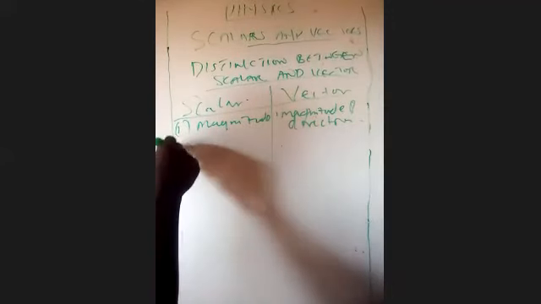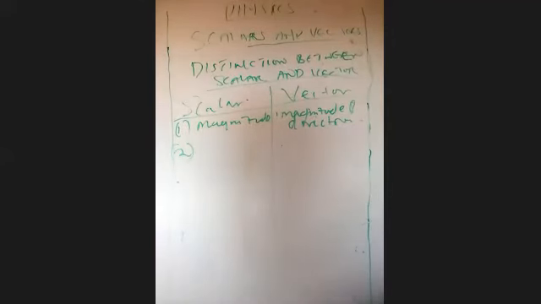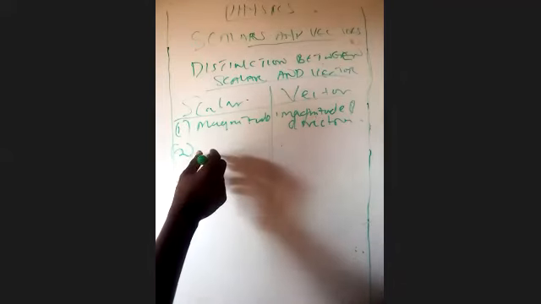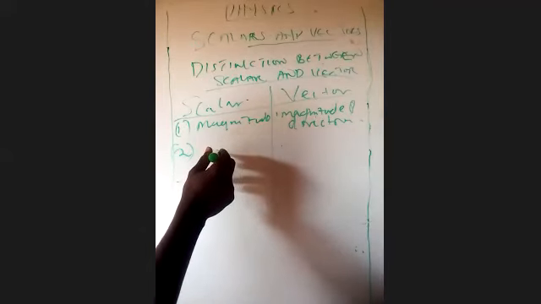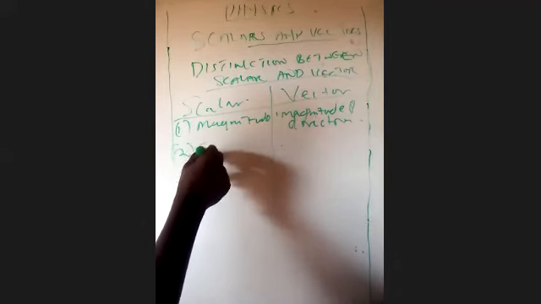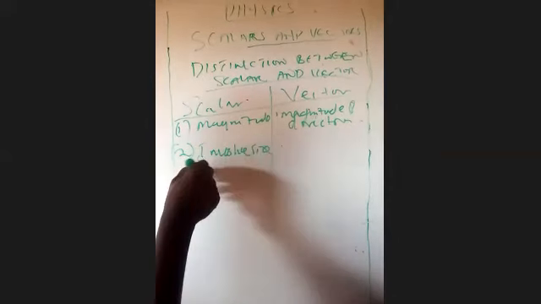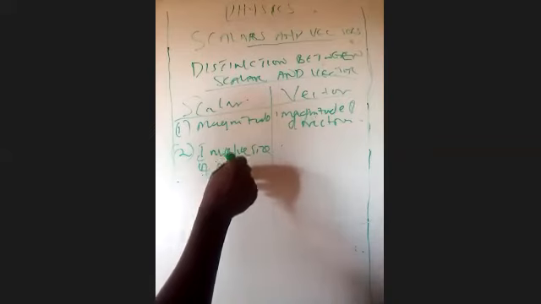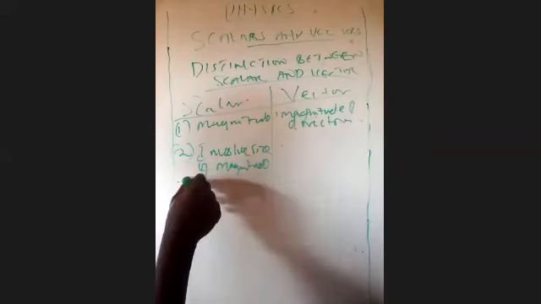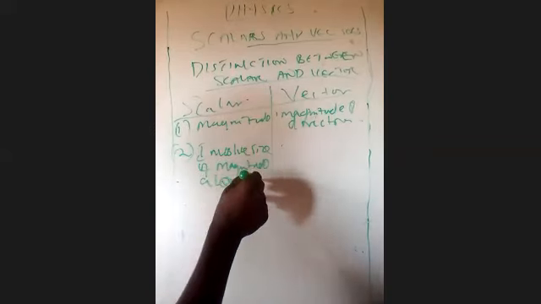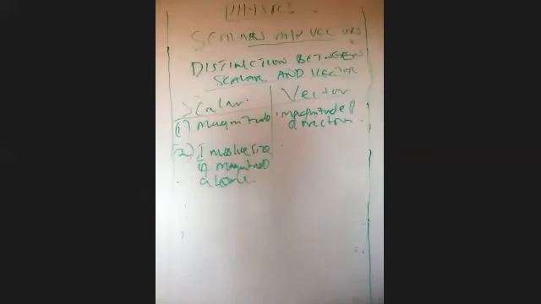The scalar involves the size of magnitude alone. The reason is that it has only magnitude, so it doesn't concentrate on any other side.